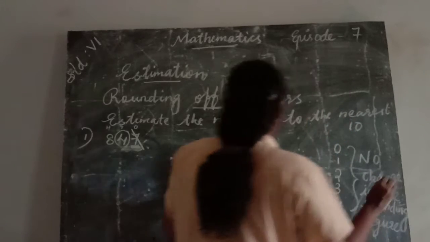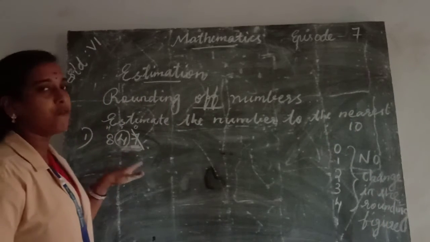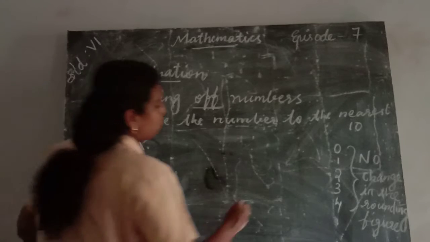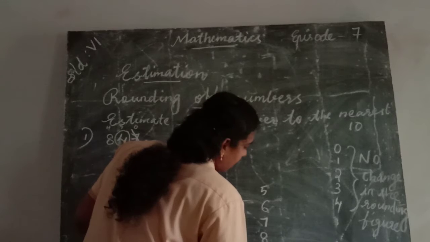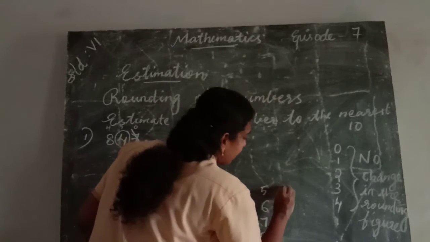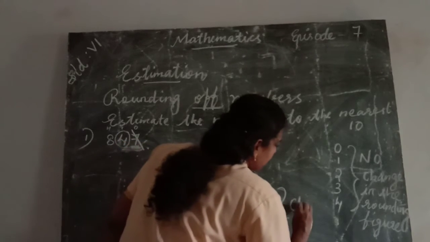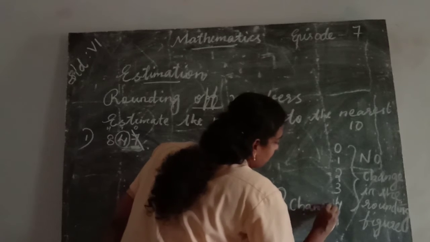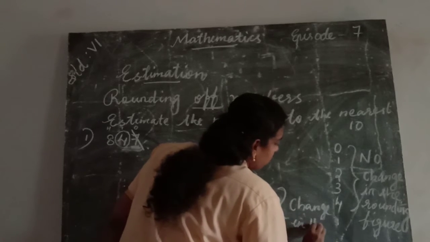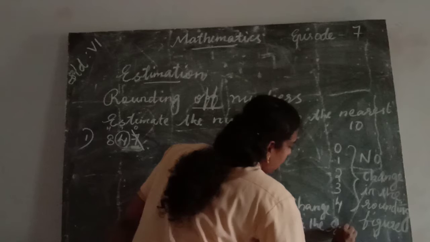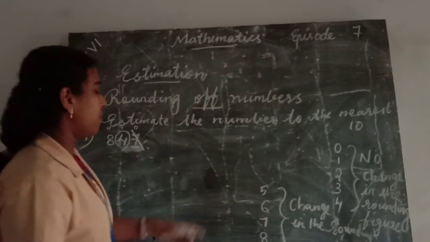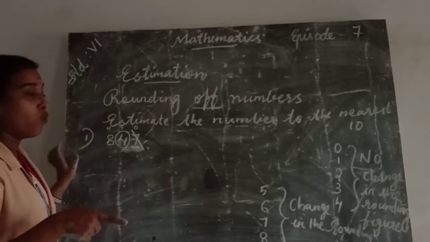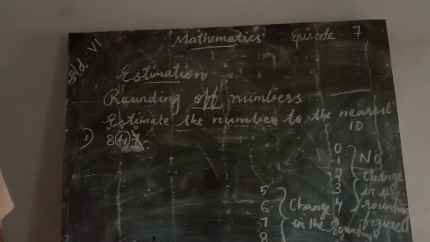If the digit is 5 or more, then there is a change in the rounding figure, which means we add 1 to the rounding figure.